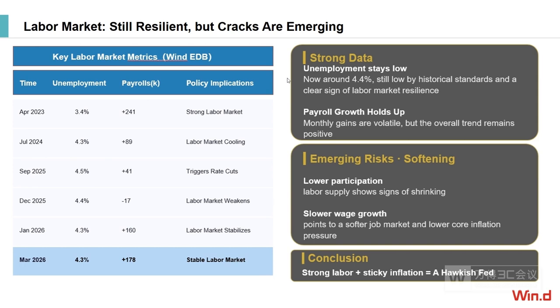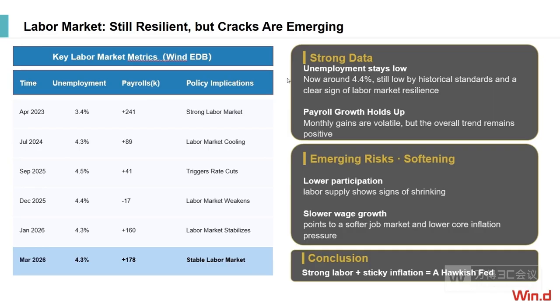However, behind the seemingly robust data, changes in 2 key indicators warrant close attention. Firstly, the decline in the labor force participation rate reveals structural issues on the supply side of the labor market. This phenomenon indicates that a portion of the workforce is withdrawing from the labor market rather than actually securing employment.